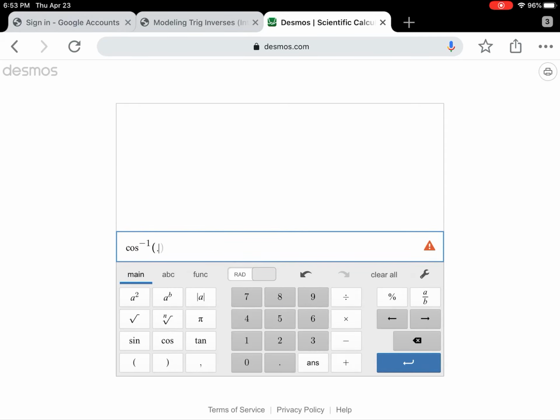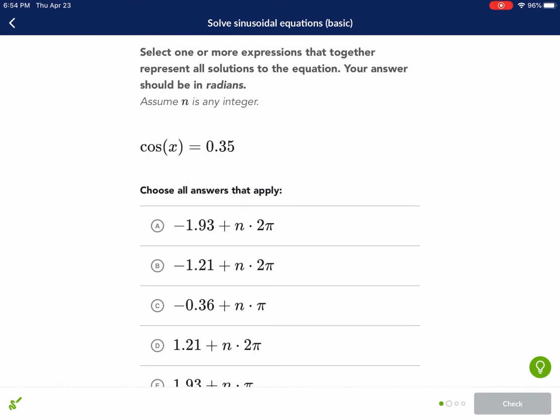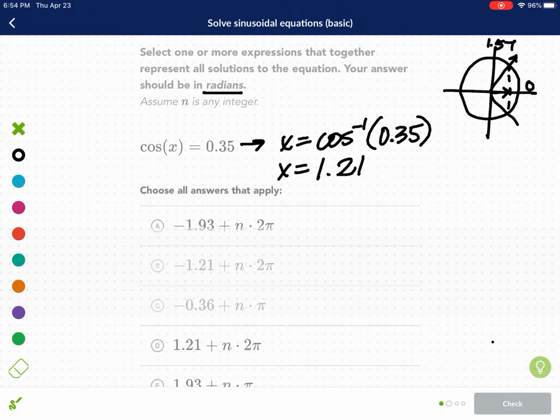1.21. Cool. So just to give you a visual for what this actually means, this is 0 here. This is pi over 2, which we can also write as 1.57. 1.21 is somewhere in there, and that makes sense because that's a positive cosine value. That's a positive x value. So if we have that solution, where else in our unit circle are we going to have that same x value?